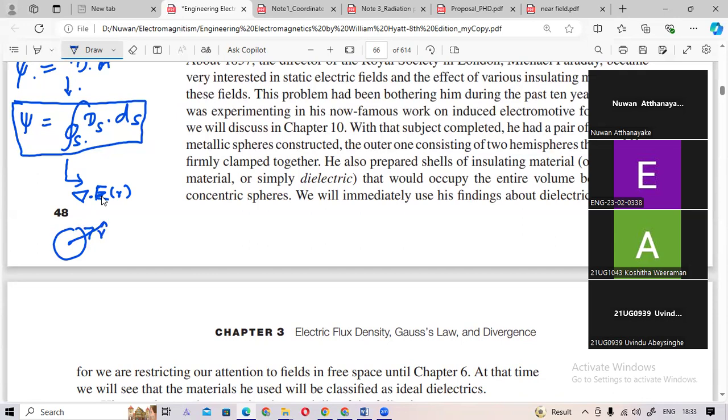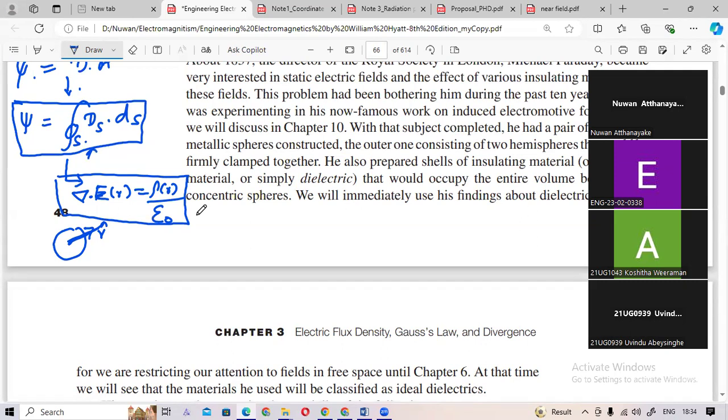So the E field is a function of R, and here the spherical coordinate is used. This is equal to rho V, the volume charge density, divided by epsilon. So this is the vector form of Gauss's law, and the previous one is the integral form of Gauss's law.